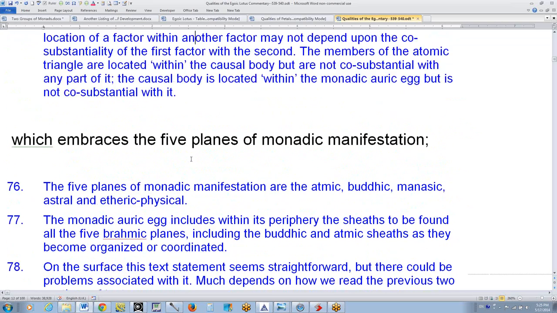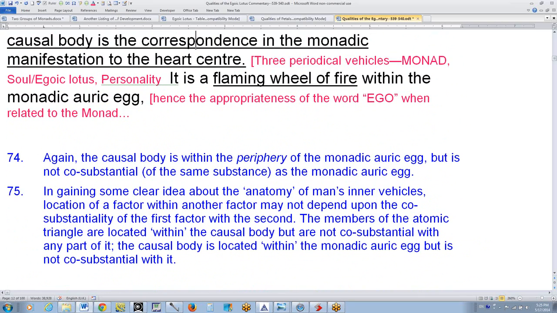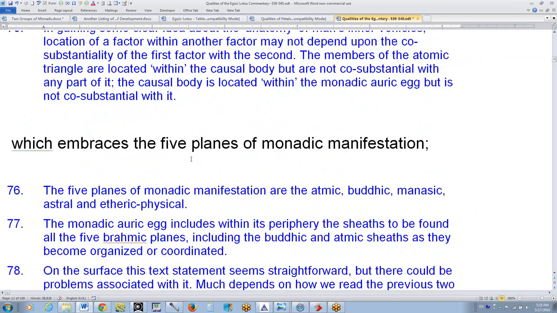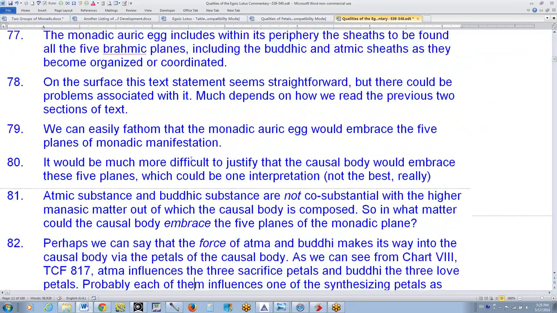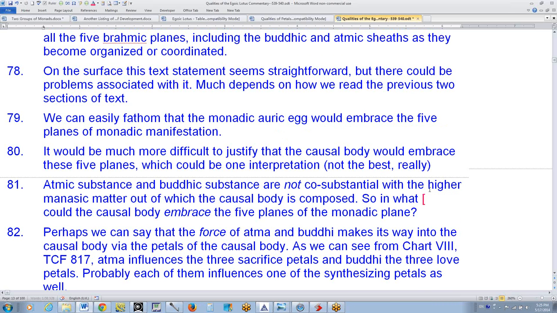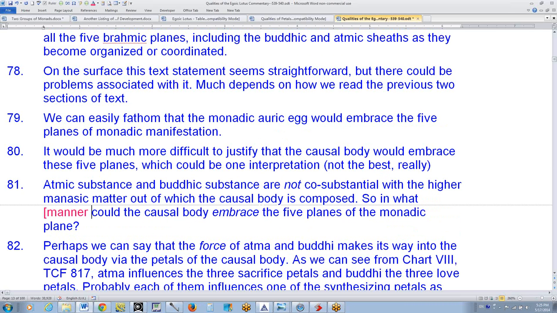It would be more contained within it. It is a flaming wheel of fire within the monadic auric egg, which embraces 5 planes. It's not the causal body that embraces. It is the monadic auric egg. So atmic substance, buddhic substance are not co-substantial with the higher manasic matter out of which the causal body is composed. So in what manner could the causal body embrace 5 planes? I think I just misread it, basically. It is the monadic vehicle that embraces.